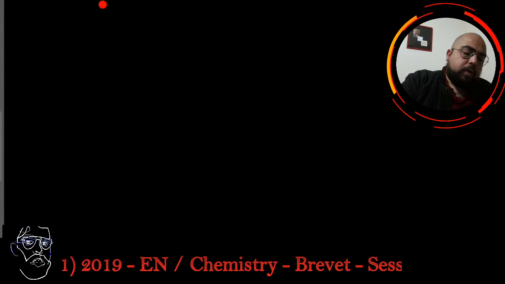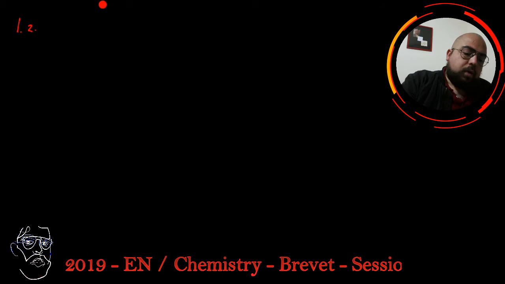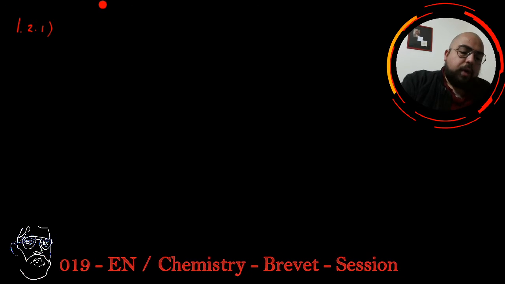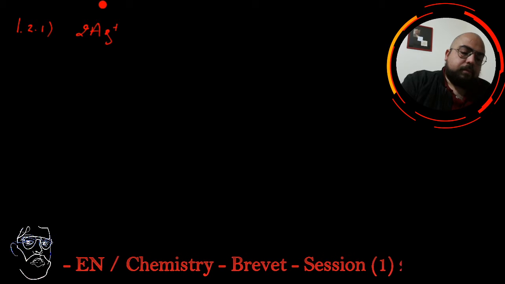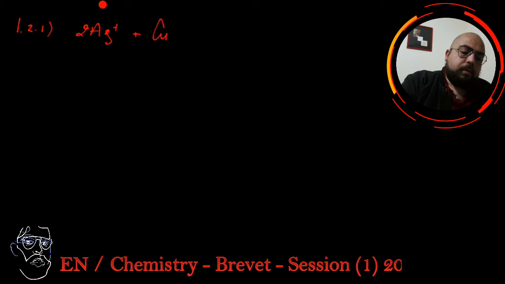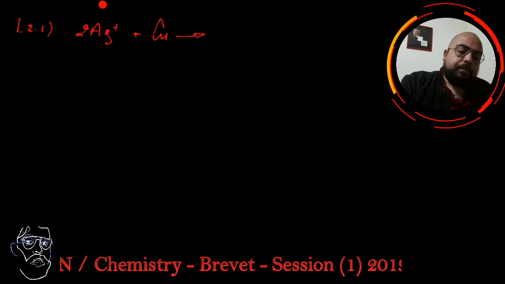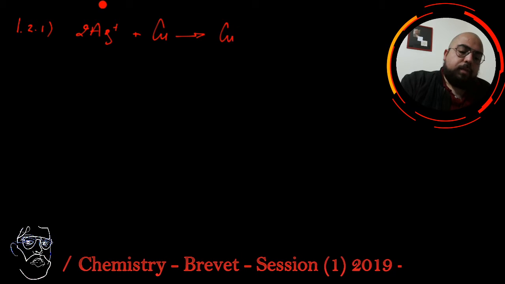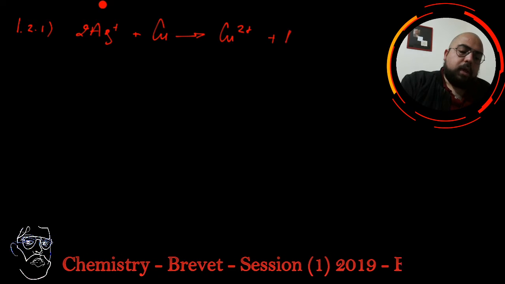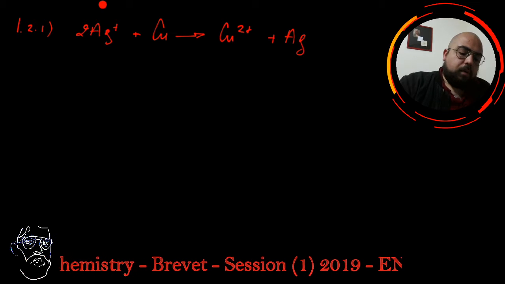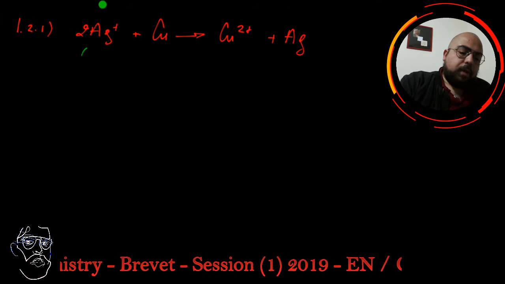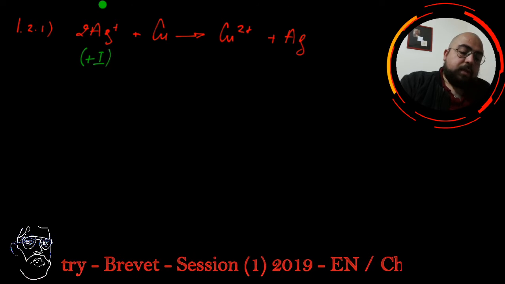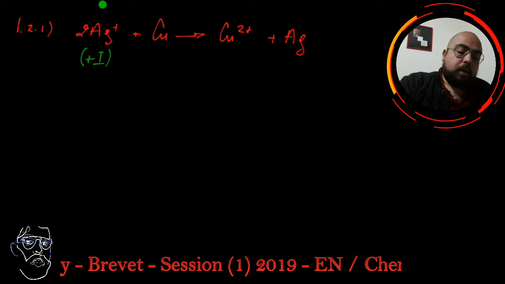So we have 2Ag+ plus Cu, it will give you Cu2+ plus 2Ag.